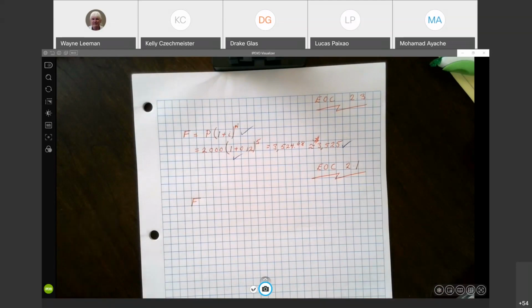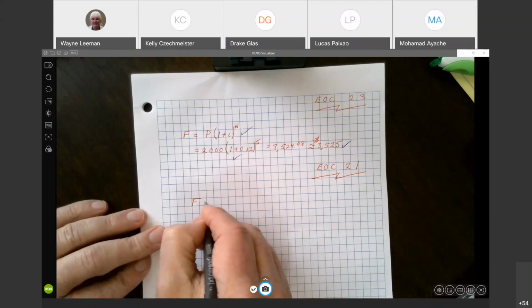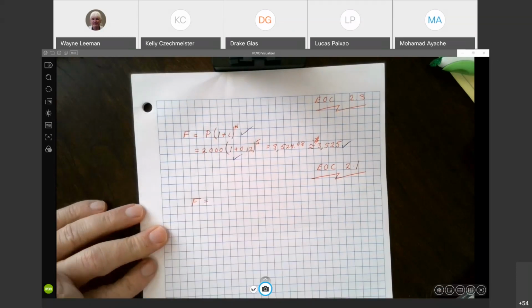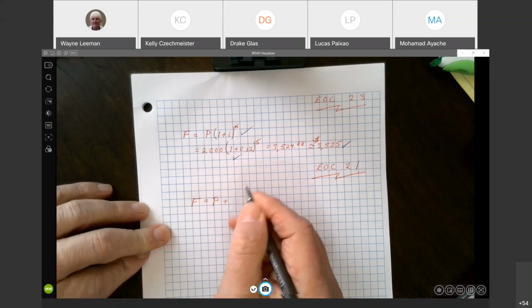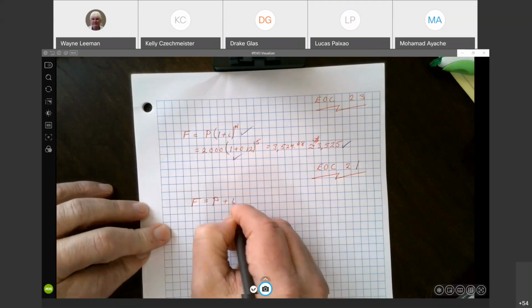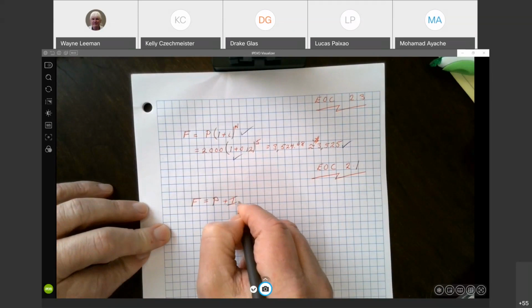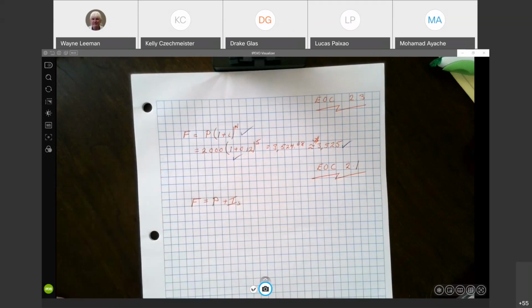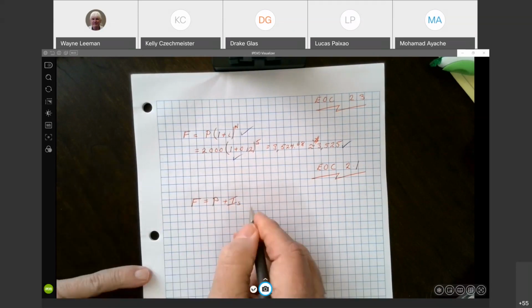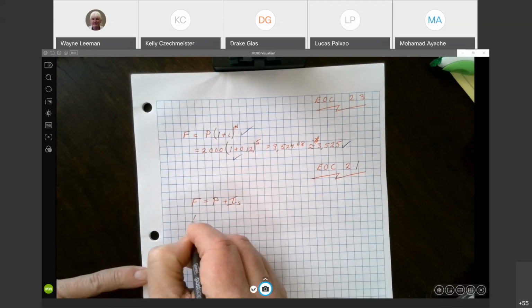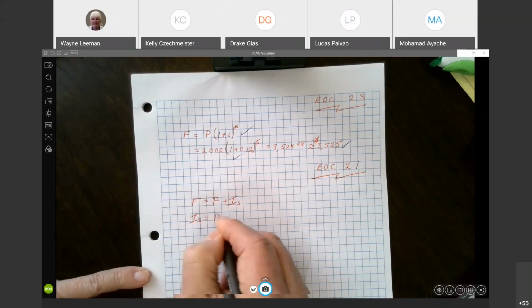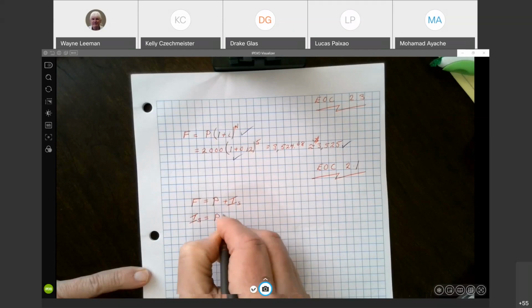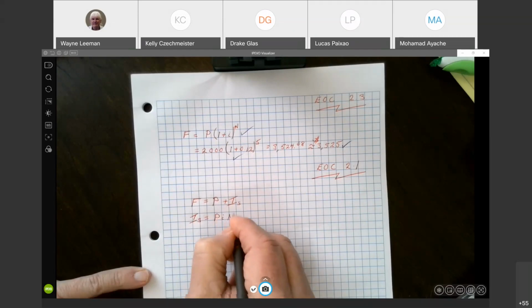So we're looking for a future value, F. And it will be equal to the principal plus the interest amount for simple interest. But we know that the simple interest amount is equal to the principal multiplied by the interest rate by the number of compounding periods.